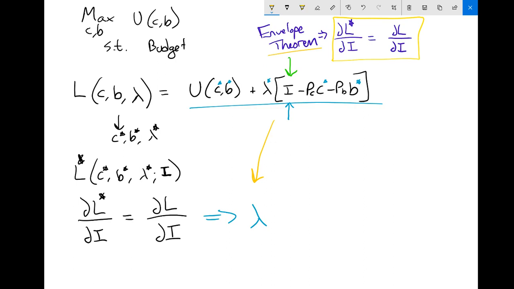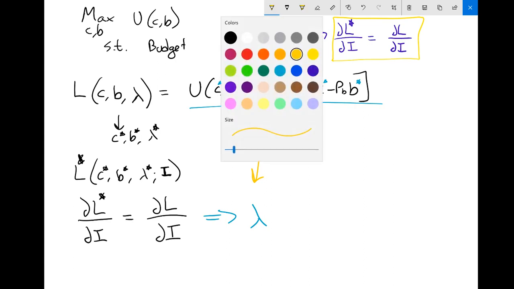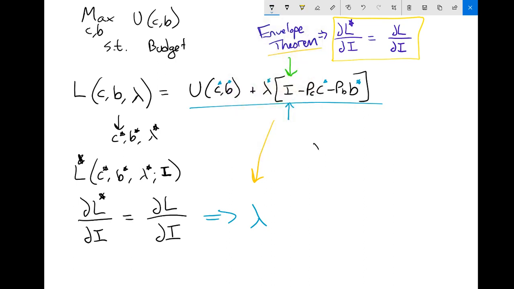So let's say that I wanted to ask the question, how does a change in the price of coffee affect total utility? Well, this will be equal to the direct derivative. What's the direct derivative? The direct derivative would be negative lambda star C star.